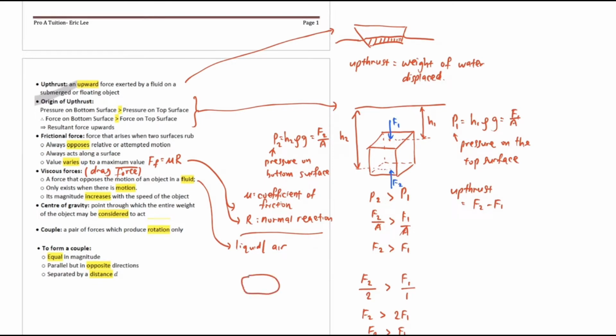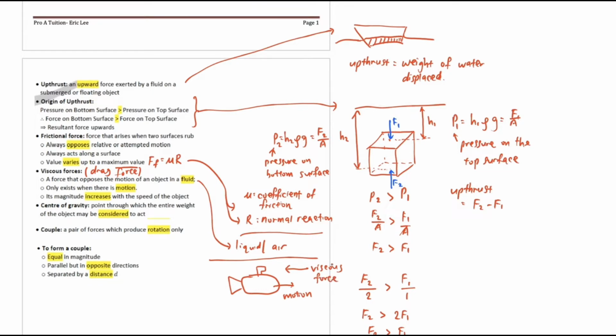This is a submarine under the water, moving forward. Then the viscous force or the drag force is somehow like the air resistance, which acts in the opposite direction. So this is the viscous force.